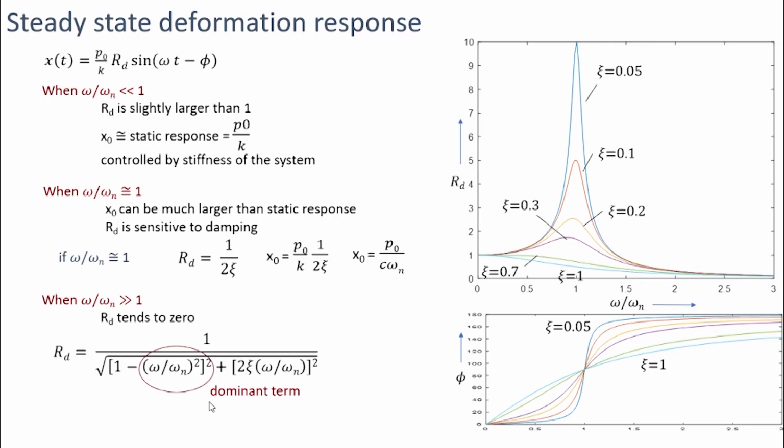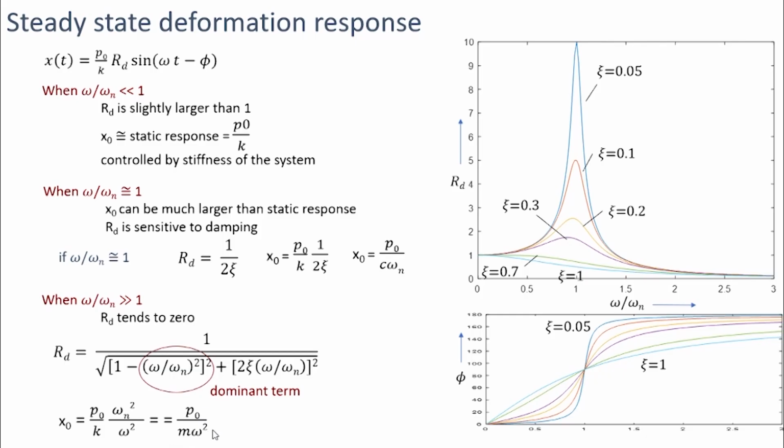So we can write the expression for the steady state amplitude as P naught by K, the static response, multiplied by this term, that is square root of frequency ratio to the power 4. That means omega n square divided by omega square. We can substitute the value of omega n as root of k by m. So this becomes P naught by m omega square.